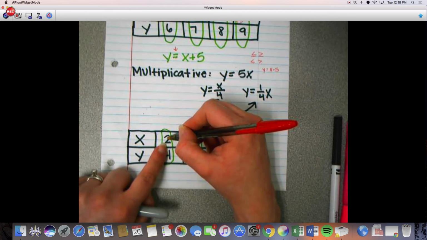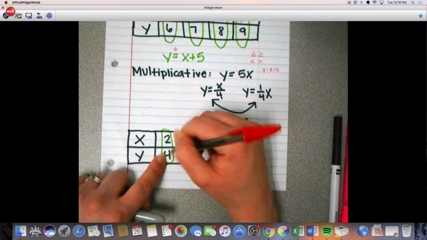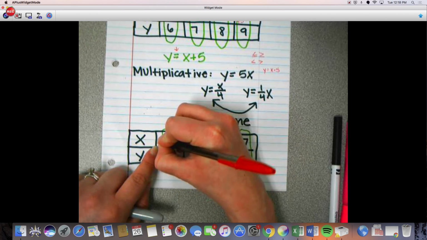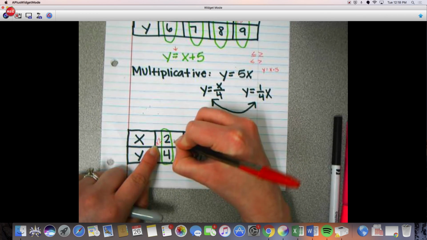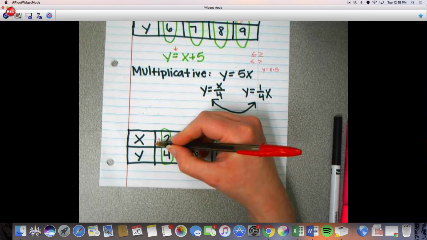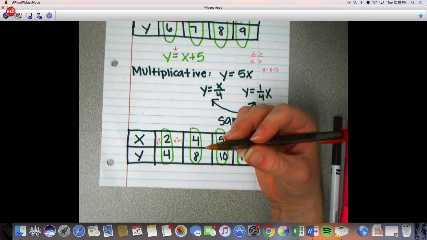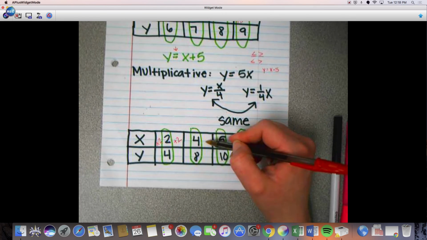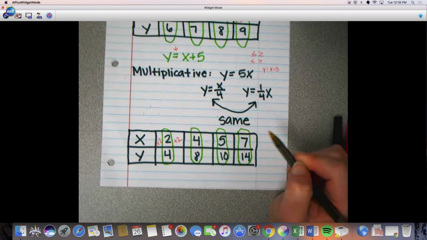If I look at my x value and I'm trying to get to my y value, I could either be multiplying times 2 or adding 2, right? Because 2 times 2 is 4, 2 plus 2 is 4, right? So we need to see which one stays true for all of them.